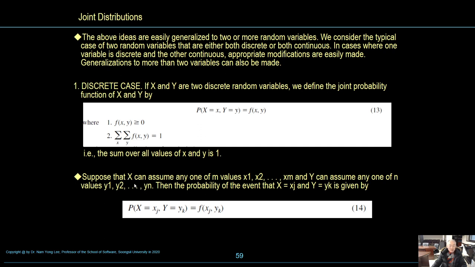Suppose that X can assume any one of m values x1, x2, ..., xm, and Y can assume any one of n values y1, y2, ..., yn. Then the probability of the event that X equals xj and Y equals yk is given by formula 14, P(X = xj, Y = yk) = f(xj, yk).